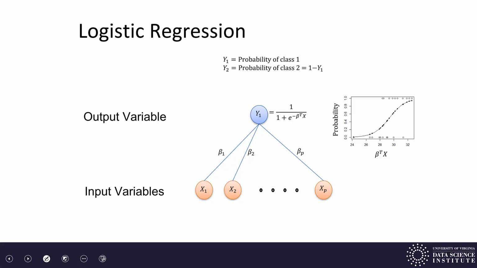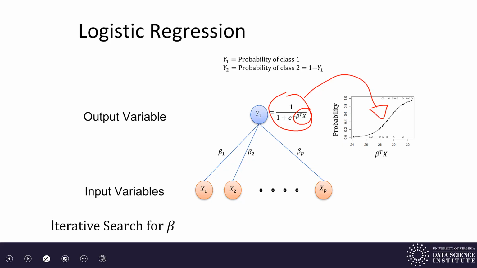We're going to put the information from those, which is summed up right here, that is the sum of each beta i times each xi, and then you take the negative and put it into this whole logistic formula, which gives us this probability-shaped curve, the logistic curve that estimates our probability. And in logistic regression, we have to do an iterative search for beta, this capital beta, which is the vector made of all the beta i's.